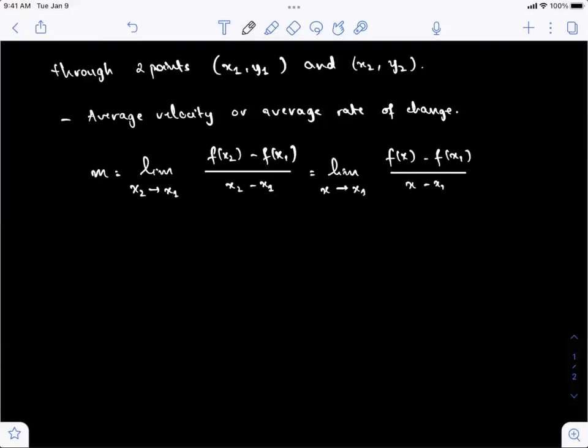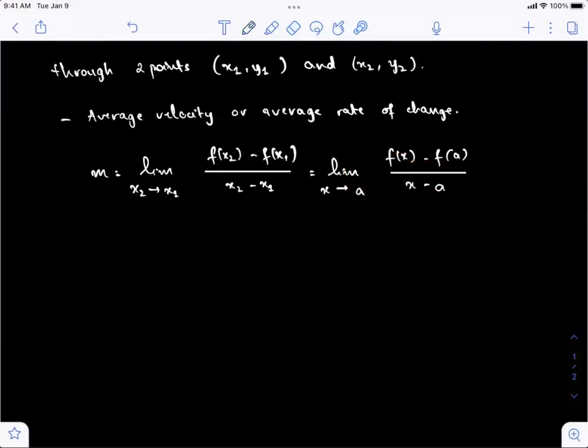As I mentioned, we want this as a general formula, so we continue replacing one letter with another: instead of x1, I'm going to use a. So x1 becomes a. This is the formula to calculate the slope of the tangent line at the point x equal to a, or the instantaneous velocity at the instant x equal to a.